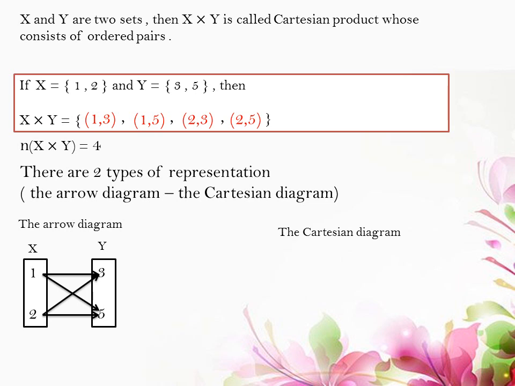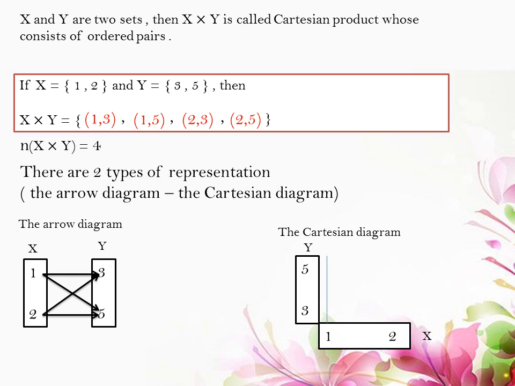Secondly, the Cartesian diagram. In this way we will draw a horizontal row to express x and a column to express y, and we will write the elements of x and the elements of y like this, and we will draw lines like a lattice between them.